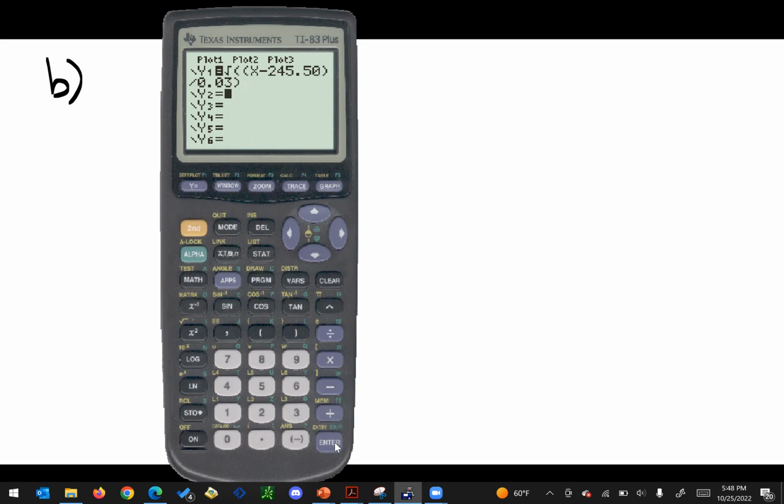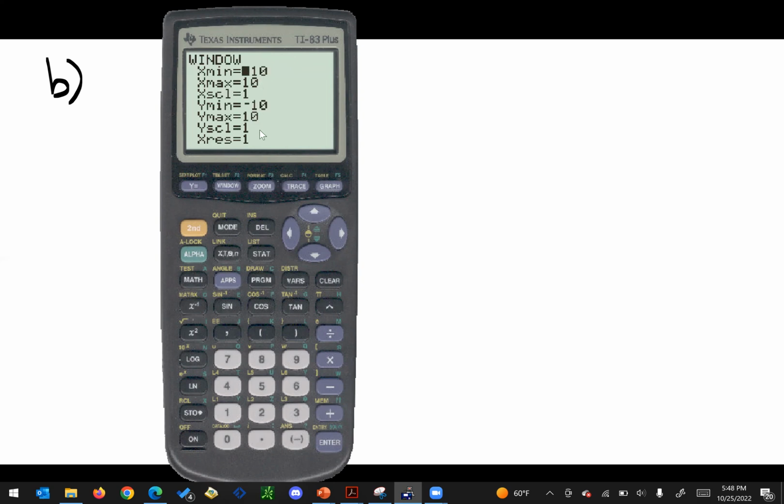Okay, now we've noticed that our domain, remember our domain for this function is from 245.50 to 545.50. So we're not going to just put in the graph function, because if we do that, it only works from -10 to 10. Let's click the little window button right here.